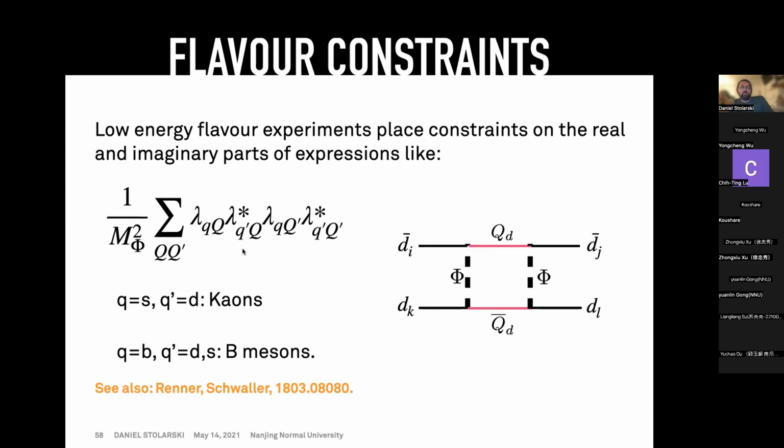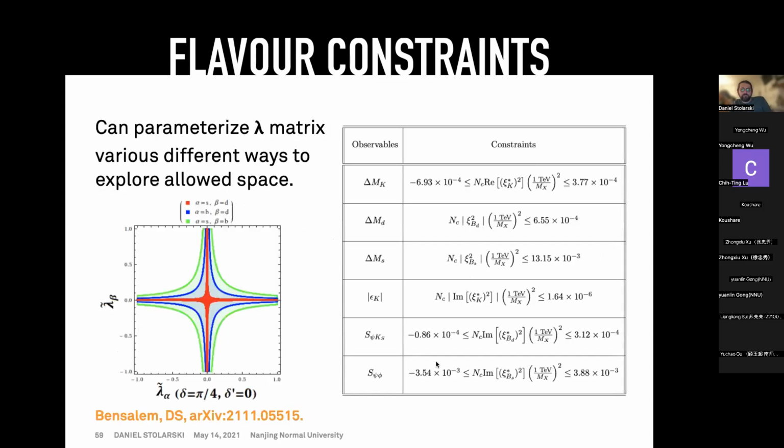And so both real and imaginary parts of these kinds of things are constrained. And then the external quarks, if they're S and D, you're talking about neutral kaon oscillations, which is extremely well constrained. If one of them is B, then you're talking about B meson oscillations, which are less well constrained, but still pretty well constrained and very consistent with the standard model up to tiny anomalies.